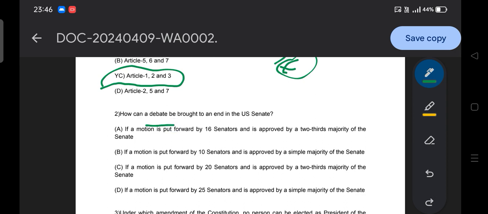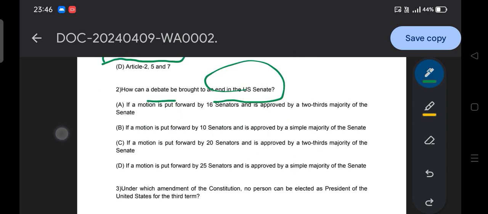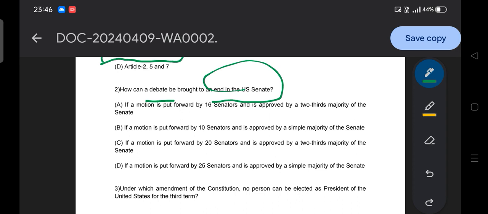How can a debate end in the USA Senate? Option A, if a motion is put forward by 16 senators and is approved by a 2/3 majority of the Senate. Option B, if a motion is put forward by 10 senators. Option C, by 20 senators. And option D, by 25 senators.